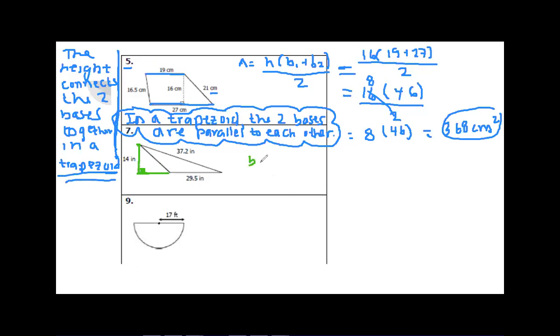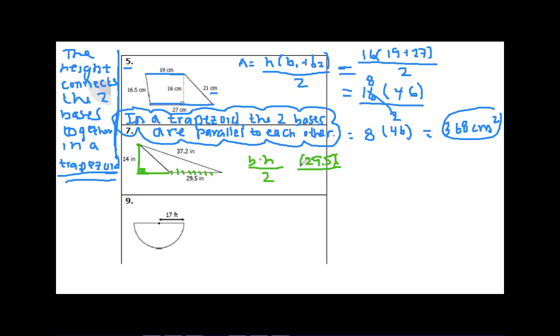So for this one, my base is the 29.5, and it's only the length that is part of the triangle. So I'm not finding where these hash marks are plus this extra piece on the green line. I'm only using the piece that is on the triangle.